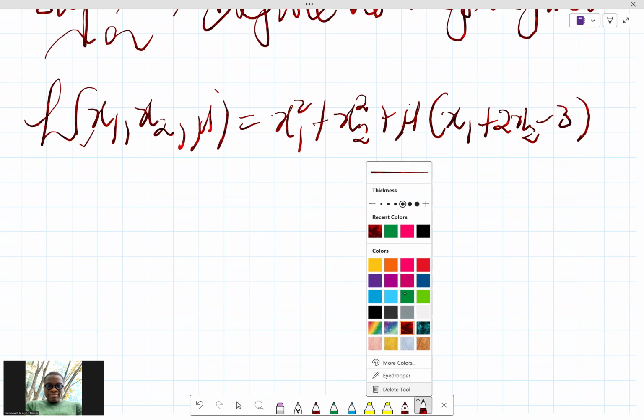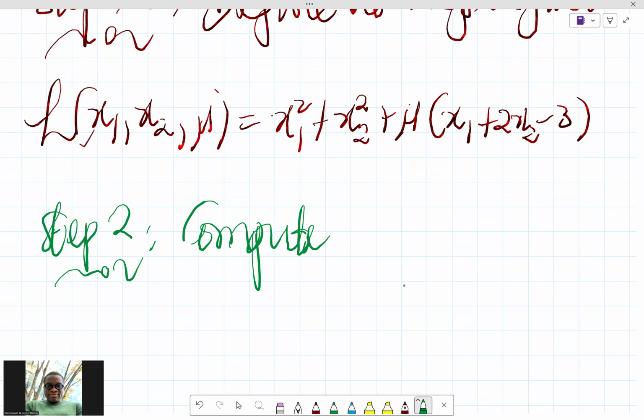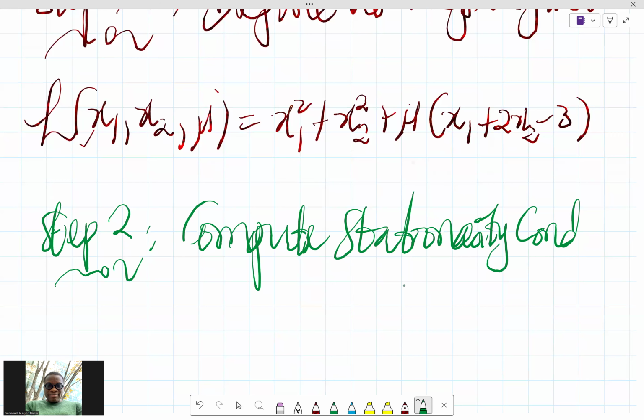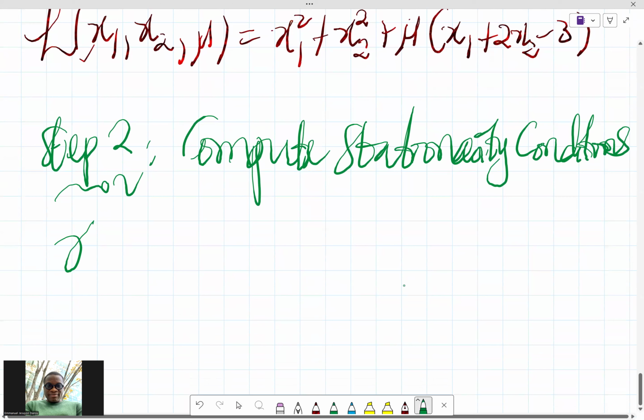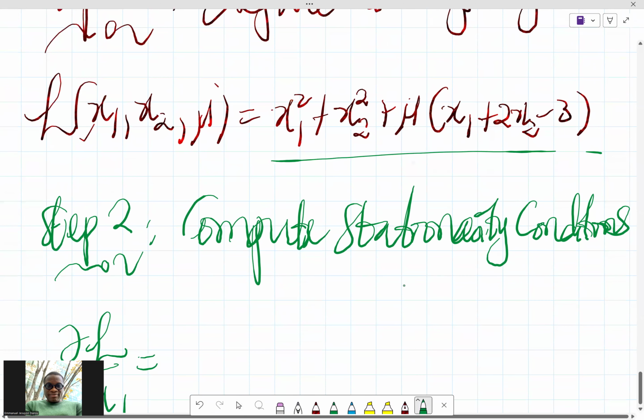Then the next thing is step 2. For step 2, we need to compute stationarity conditions. So that means that we need partial L, partial x1, first of all. So we differentiate this with respect to x1.